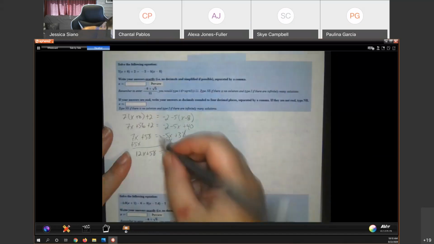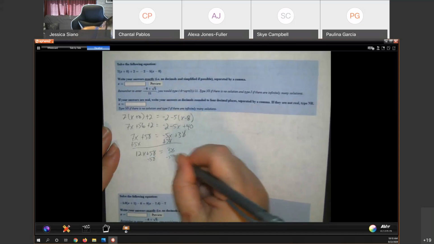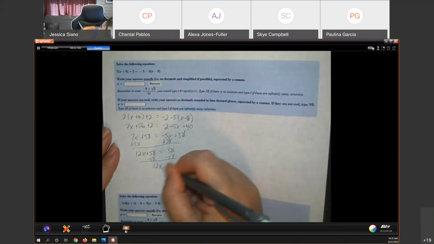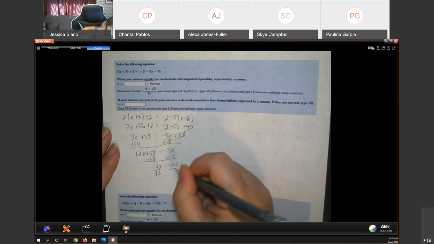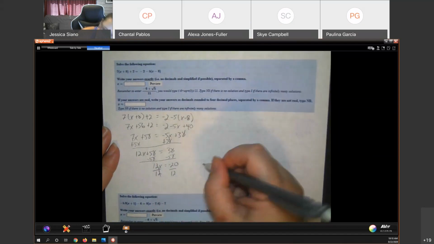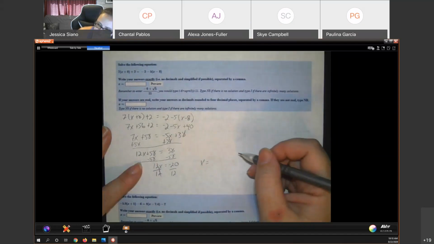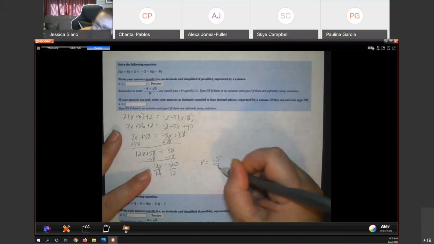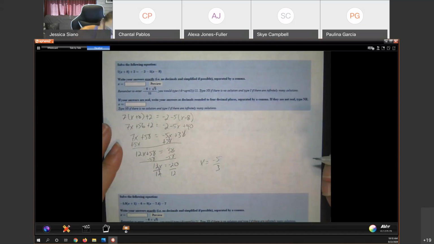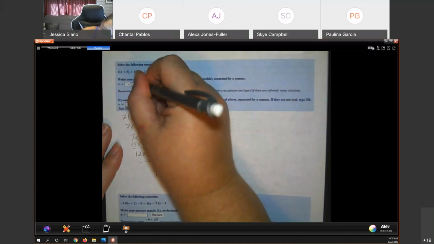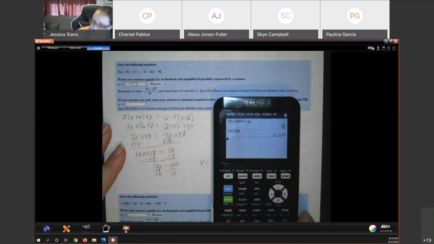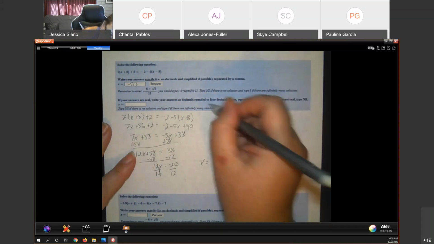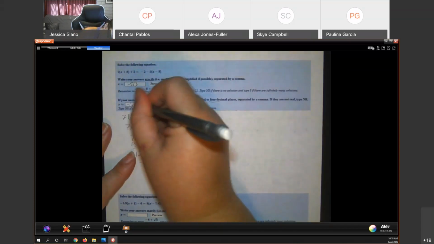Subtract the 58. Divide by 12. That would definitely reduce, so divide top and bottom by 4, and we would get negative 5 over 3. So x equals negative 5 over 3, or negative 1 point, they want 4 decimal places: 1, 2, 3, 4.